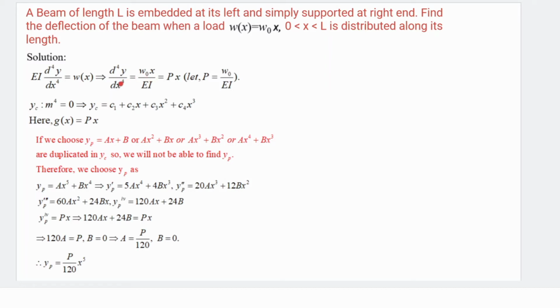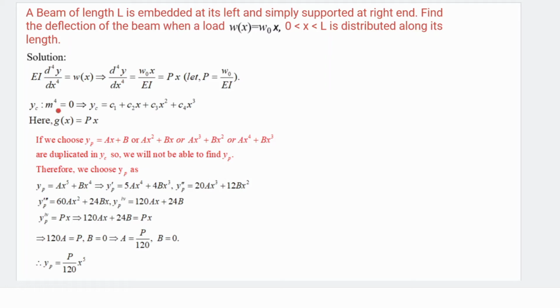So this is a non-homogeneous fourth order linear differential equation. We know that the solution for this equation is equal to complementary solution plus particular solution. So let us find the complementary solution. For the complementary solution we have to consider w(x) as 0.